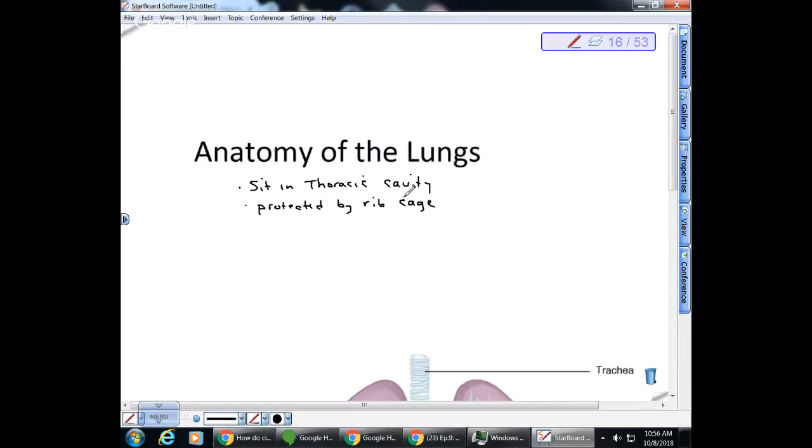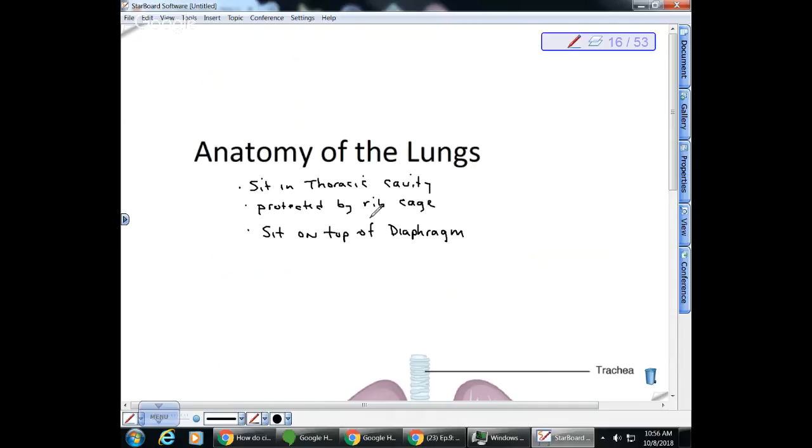They sit on top of the diaphragm. So the diaphragm is our respiratory muscle, and it is skeletal muscle, and we'll talk about its function in causing ventilation and allowing for ventilation to occur.